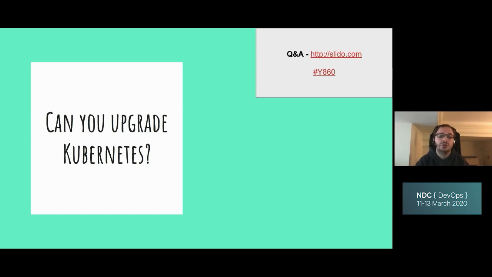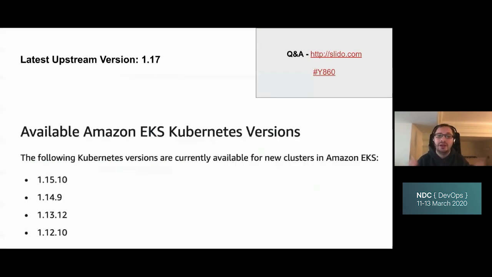The next one is always making sure that we can actually upgrade Kubernetes, making sure that we're always running the latest version possible. Now, when we're using managed services, this can be a problem because they are somewhat further behind what's available today. Like the latest upstream is 1.17, but EKS is currently only at 1.15, 1.16.